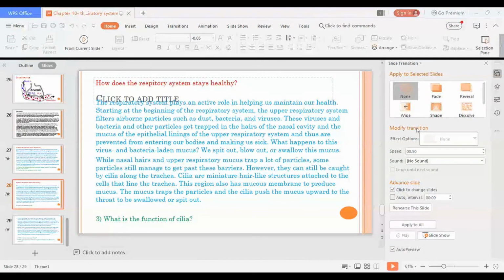Teacher, your voice is echoing. Okay, can you hear me now? Can you say something? Okay, so question number 3 is for you. What is the function of cilia?